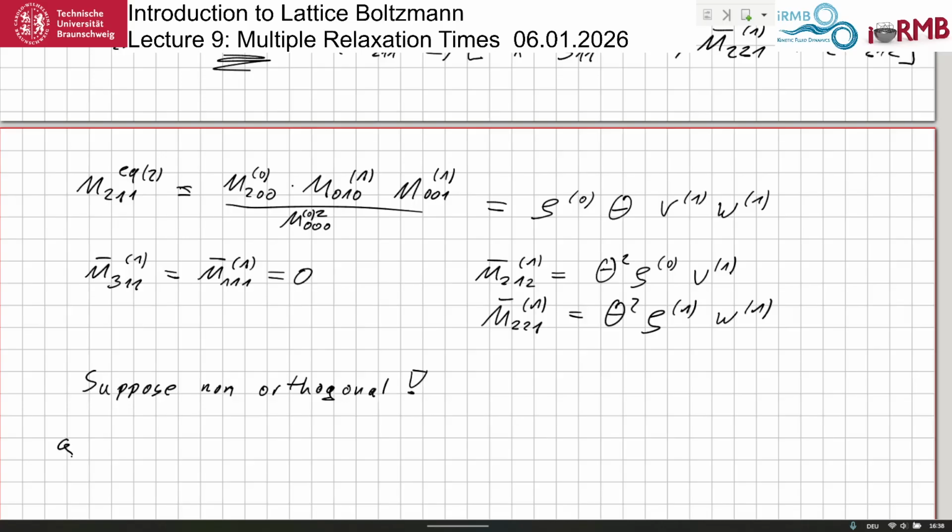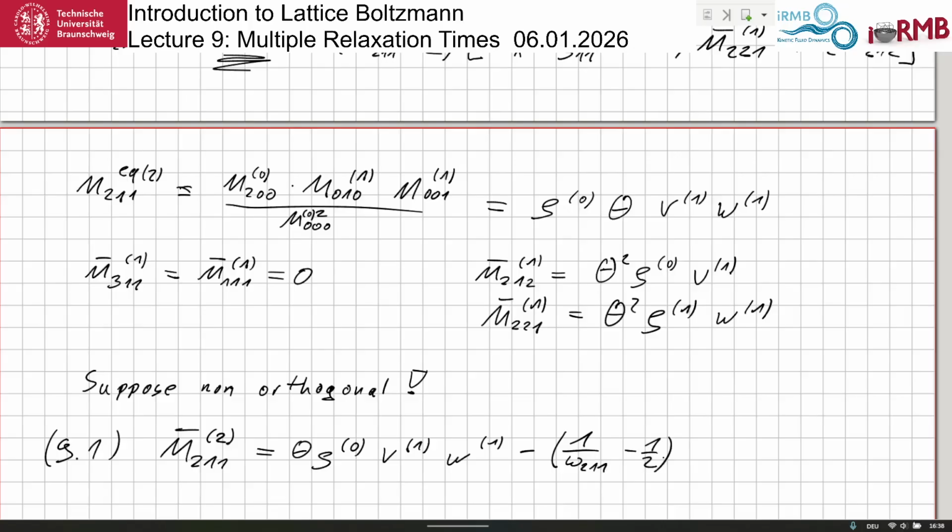Say we get equation 9.1, and say we have M211 to second order equal to theta rho 0. So that's the equilibrium part. W first order minus 1 over omega 211 minus 1/2.